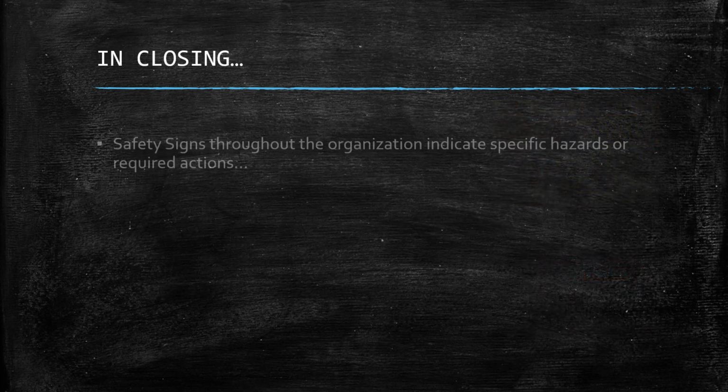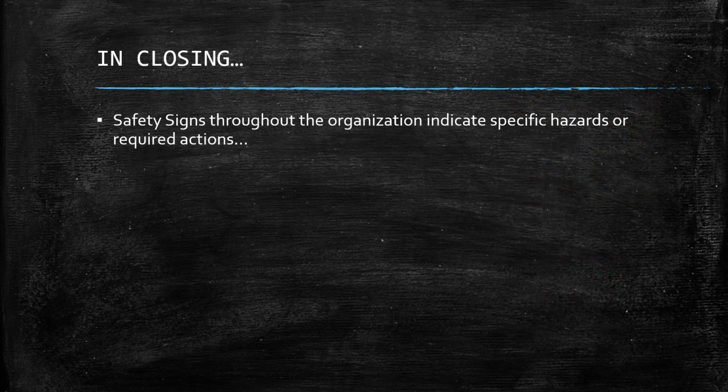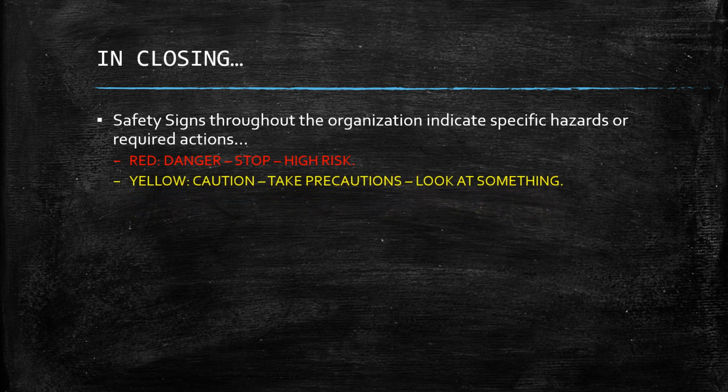In closing, safety signs throughout the organization indicate specific hazards or required actions. Red means danger, stop, or high risk. Yellow means caution, take precautions, and look at something. Orange means warning, physical hazards exist, and a moderate risk.